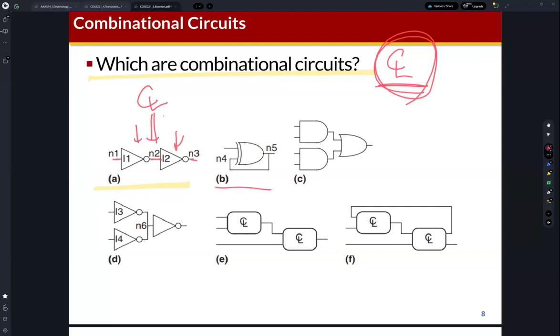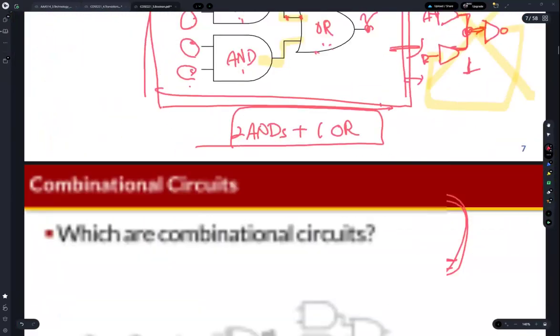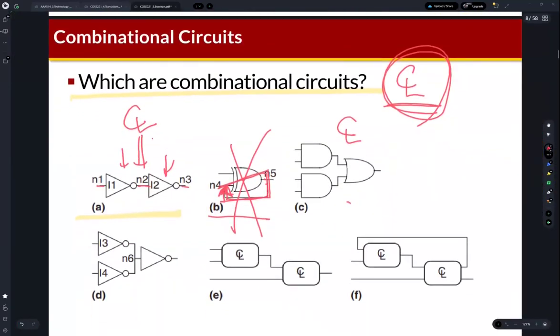How about B? This is not a combinational logic. Why? Because there is a cyclic path. The output is connected to the input. How about this? It's the same, CL, combinational logic. How about this one? As I mentioned, this is not a combinational logic.